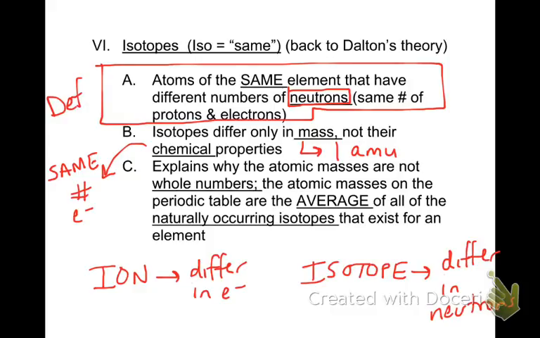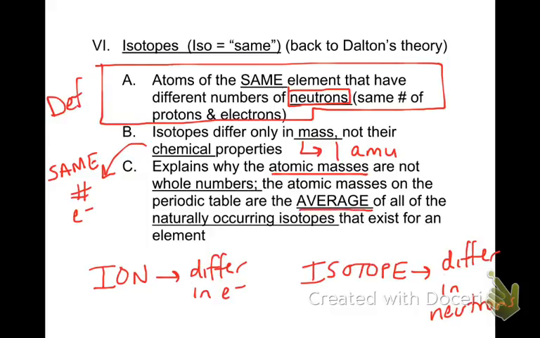And isotopes also, if you take a look on the reference table, they're kind of given to us in the atomic masses on the periodic table. If you take a look at the atomic masses, they're not whole numbers. But here's why. Because the atomic masses are actually the average.